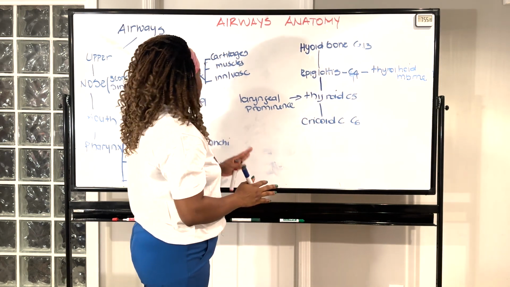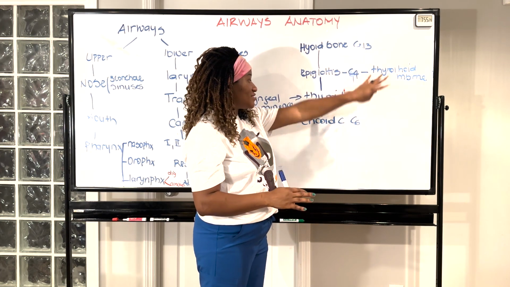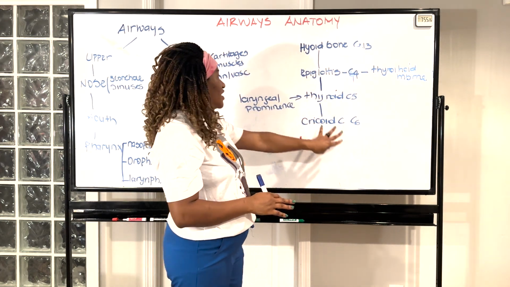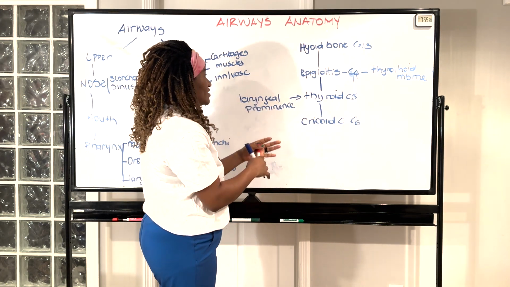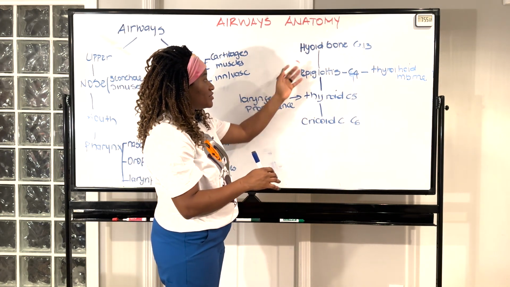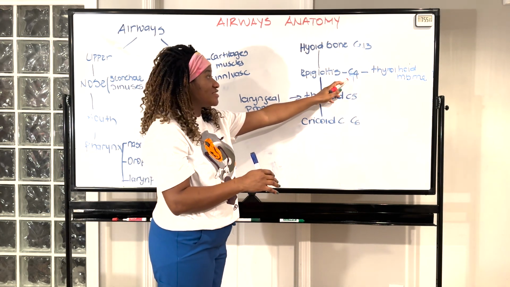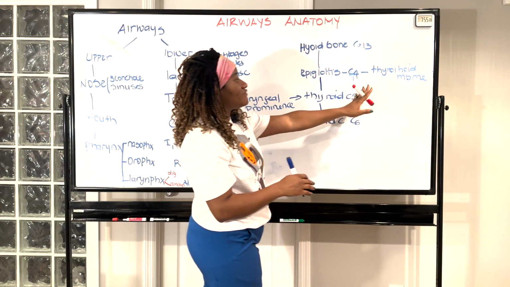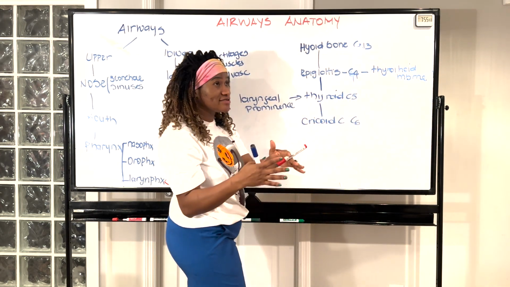Now remember, the larynx goes from the hyoid bone at C2, C3 to C6, and we're going to have 9 cartilages. Anteriorly, your larynx starts with the hyoid bone. Then you have your epiglottis cartilage at the level of C4, which is also the level where you see your thyrohyoid membrane, where you have your vessels.